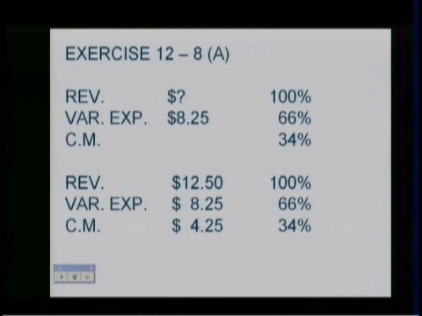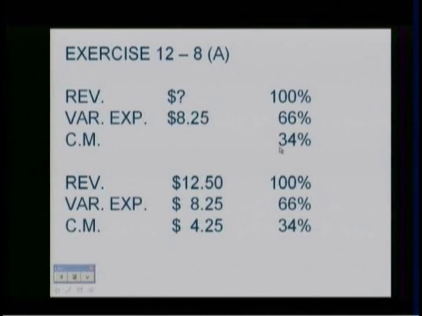Okay, they give you the average contribution margin ratio is 34%. So if you look at the slide we have up here, your contribution margin ratio is going to be 34%. You know that revenues are always 100%. So what you're trying to compute then is what do these revenues have to be in dollars?